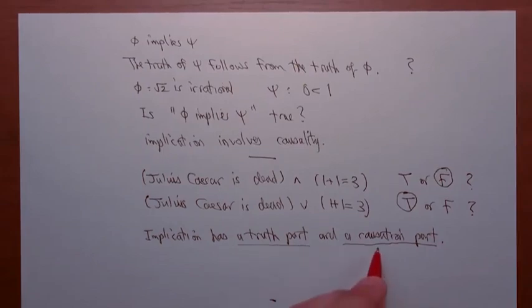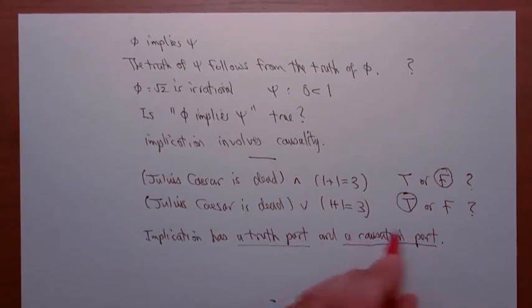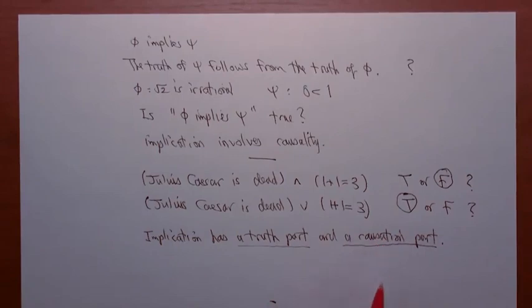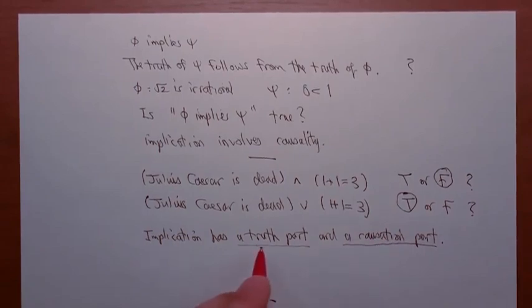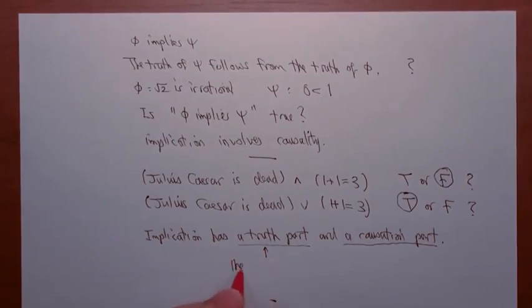Throwing away causation, are we going to be left with anything useful? It turns out we are. It might seem a dangerous thing to do, to throw away this important constituent of implication, but it turns out that when we focus on the truth part, we're left with enough to serve our needs in mathematics. So much so that we're going to give this a name. We're going to call it the conditional.